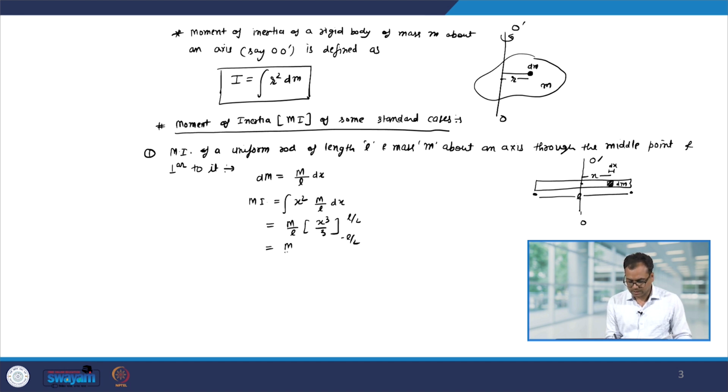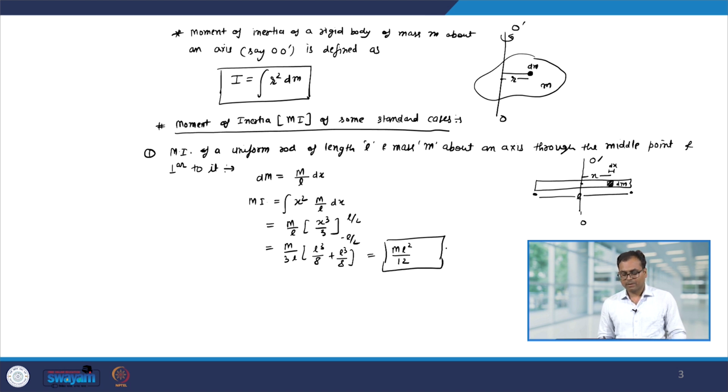So, therefore, it is m over 3L, L to the power 3 divided by 8 plus L to the power 3 divided by 8 and that comes out to be m L square divided by 12. This is the moment of inertia of a rod of length L, mass m about an axis which is perpendicular to the rod and it passes through the middle point.